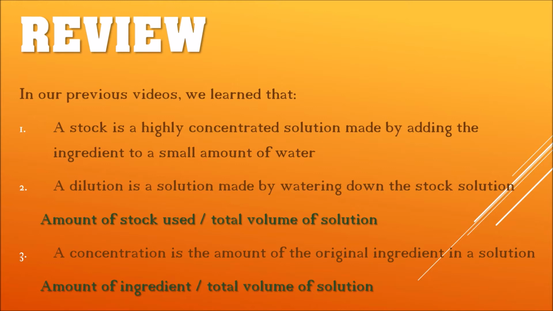Then we water it down to make drinkable orange juice. So we want to know exactly how much of that original, pure orange juice from the stock solution is in the dilution. You write that as the amount of the ingredient, the pure orange juice in this case, over the total volume of your dilution, your final result.